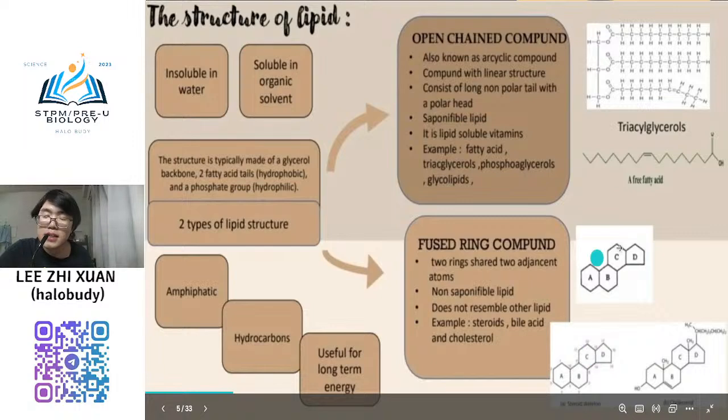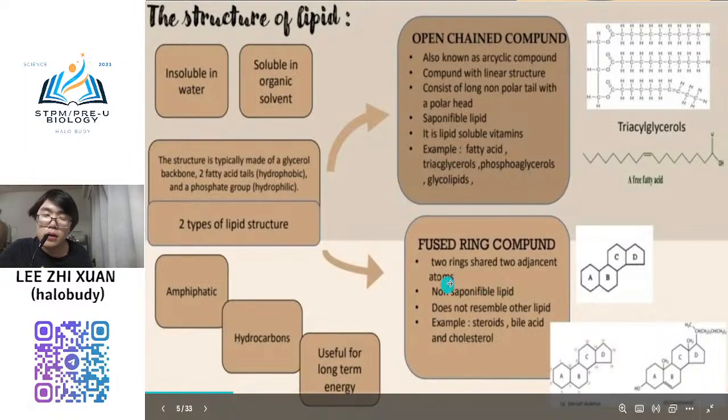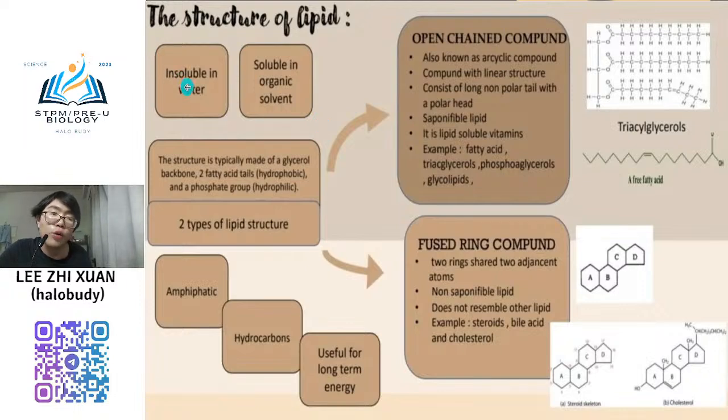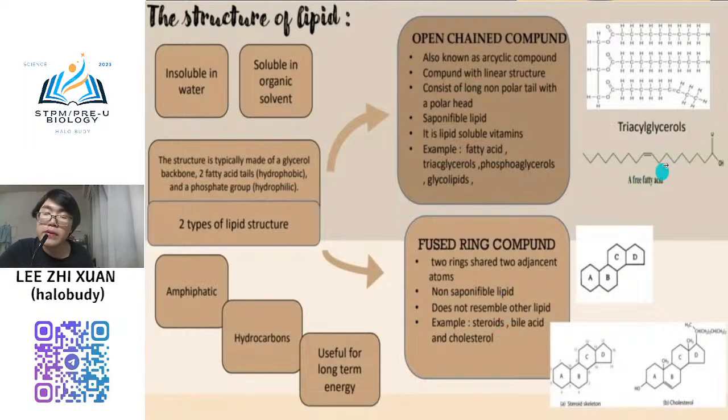You can see this in the cycloalkane or benzene structure. So this one we call a fused ring compound. Normally the open chain one is insoluble in water and soluble in organic solvent, as mentioned before. And another one is amphipathic hydrocarbon and also useful for long-term energy. So we will see it one by one.